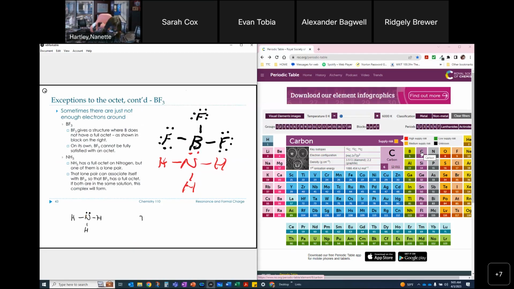If I draw the one for BF3, boron has 3 electrons that he brings to this. Each fluorine has 7. 3 there, 21 there, 24 total. I do 2, 4, 6 in the bonds.